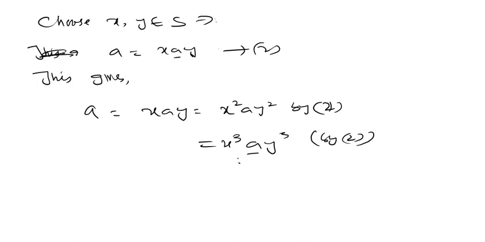So continuing, this is equal to x power k A y power k for all k greater or equal to 1. But there is some power of x which is idempotent, and that idempotent equal to 0. So this implies that A equal to 0.